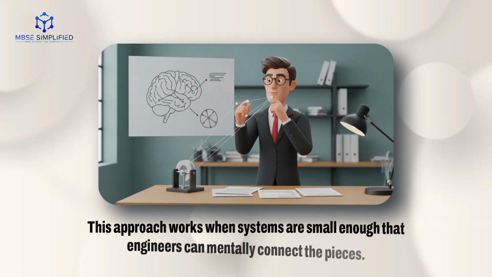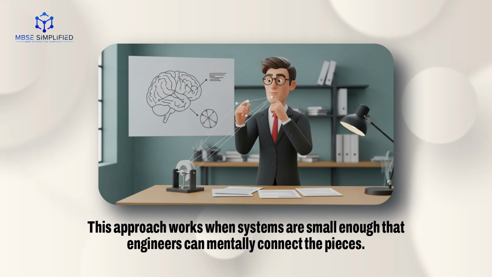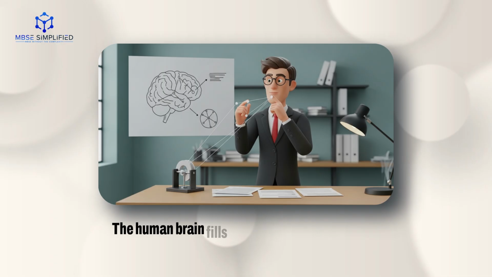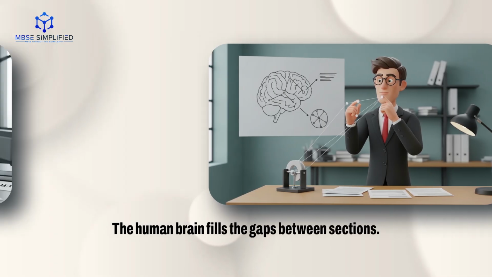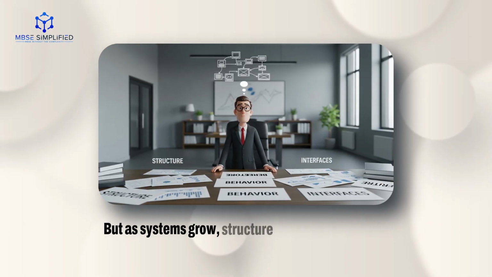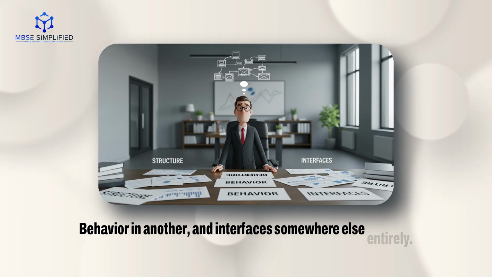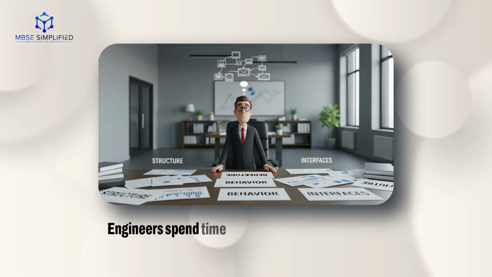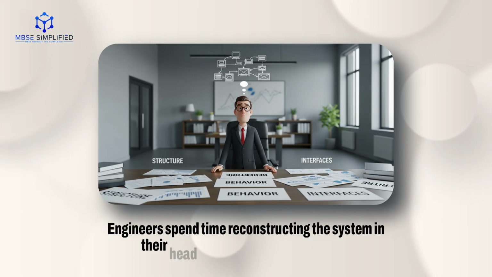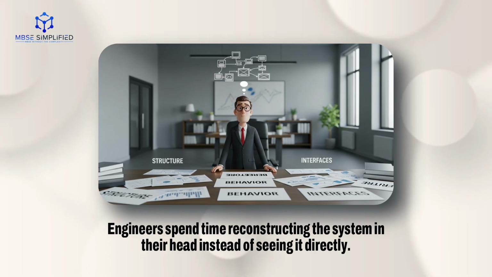This approach works when systems are small enough that engineers can mentally connect the pieces. The human brain fills the gaps between sections. But as systems grow, structure appears in one place, behavior in another, and interfaces somewhere else entirely. Engineers spend time reconstructing the system in their head instead of seeing it directly.